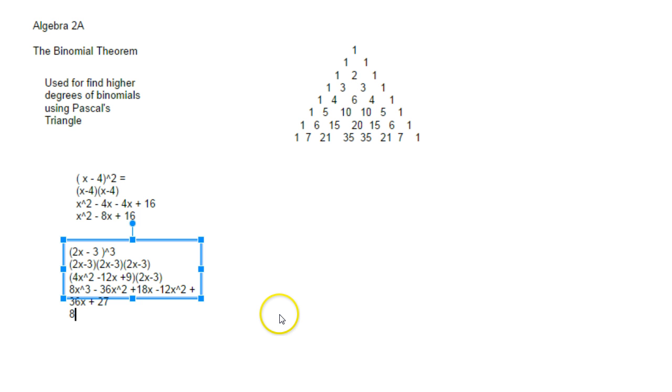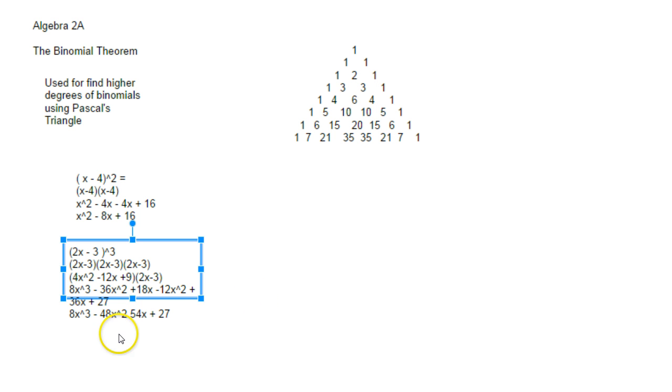So the 8x cubed stays the same. The negative 36x squared, we subtract the 12, and we get negative 48x squared. And then we combine the 18x and the 36x, and that gets me 54x, and then we have the plus 27.